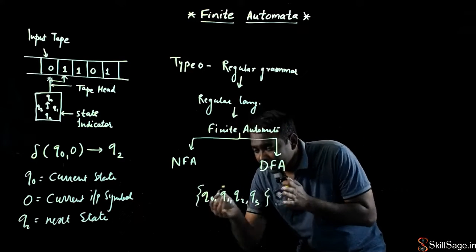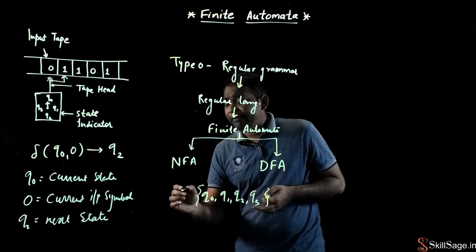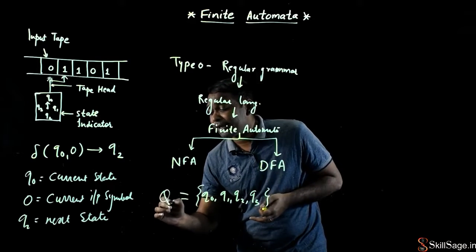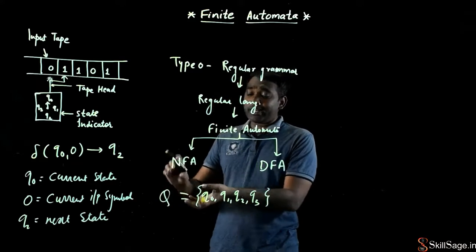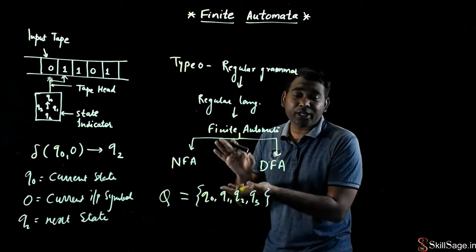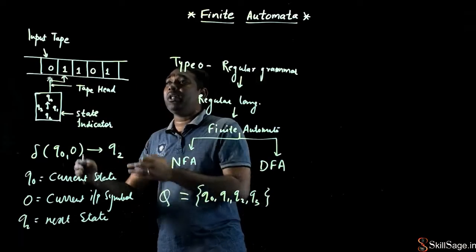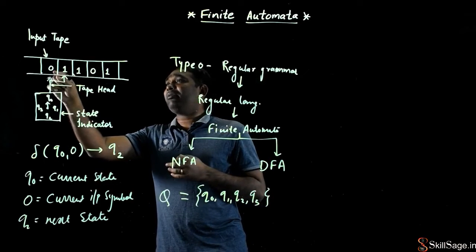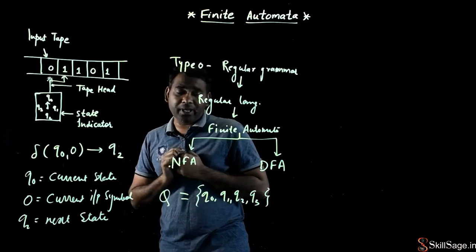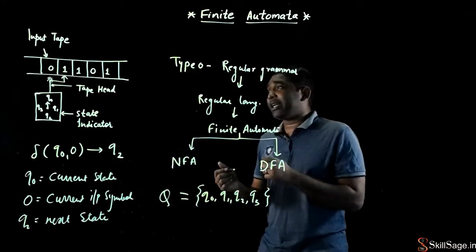I have made a set of those states, and I have denoted this set of states as Q here. So I'll say that Q is my finite set of states, right? What are the other things in my mathematical model? In this mathematical model, I'll find there are some input symbols as well. That means in this finite automata, I need to consider these input symbols.